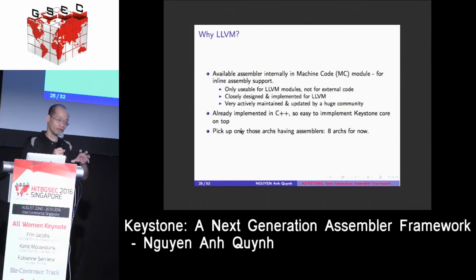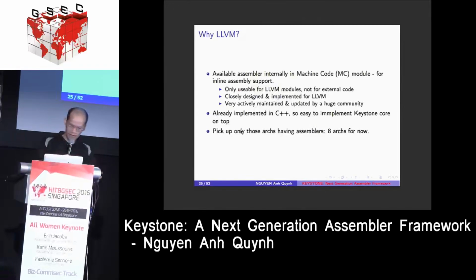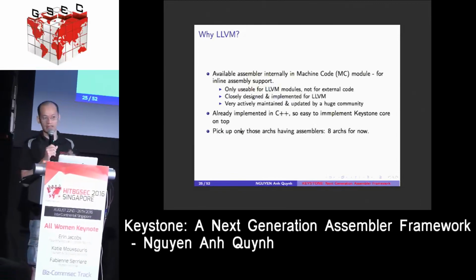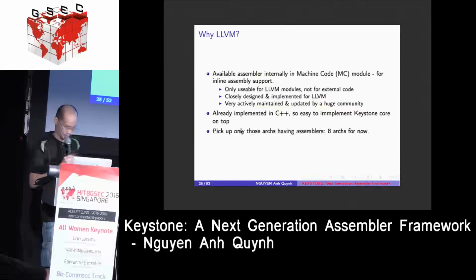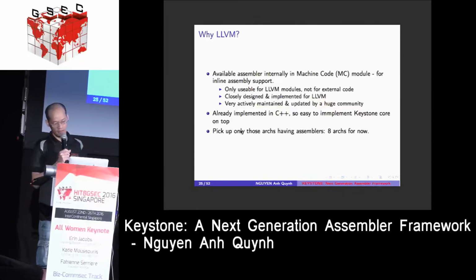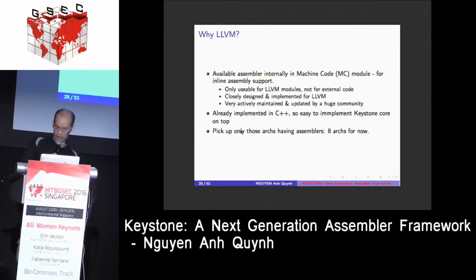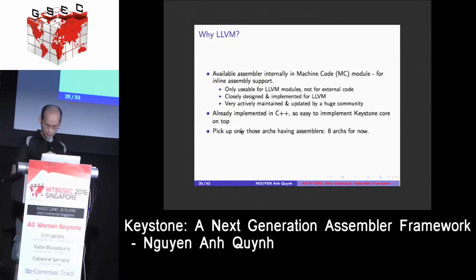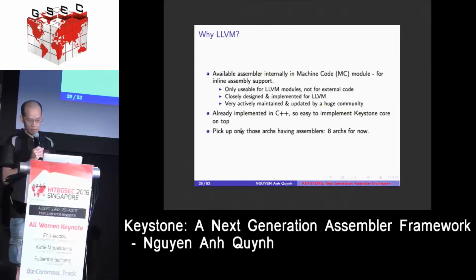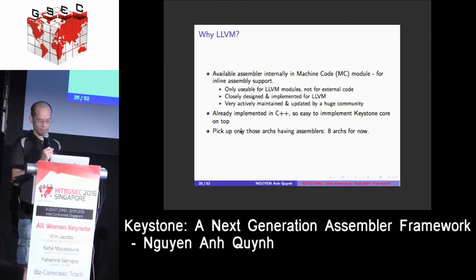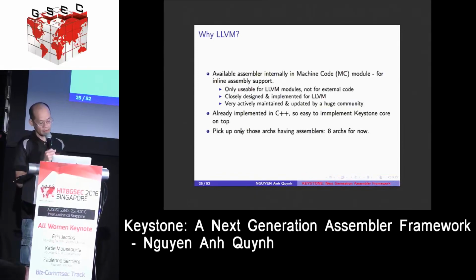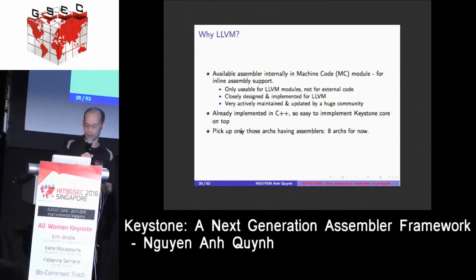You cannot directly use them. MC is very closely designed and implemented just for LLVM. But the good thing is that MC components are very actively developed and maintained by a lot of people in the community. Another good thing is that MC is implemented in C++, so I can easily build Keystone on top of that.